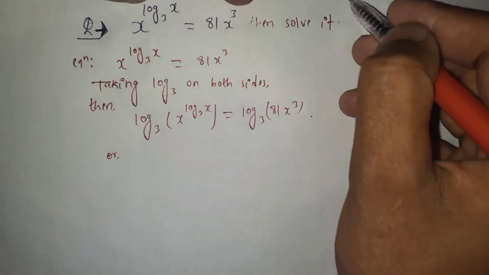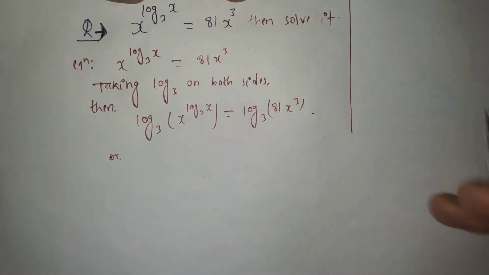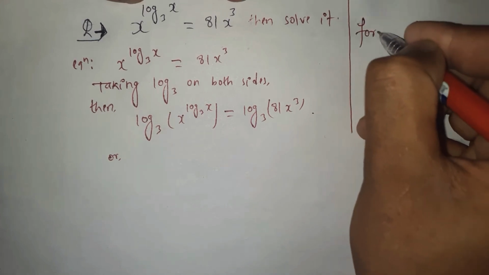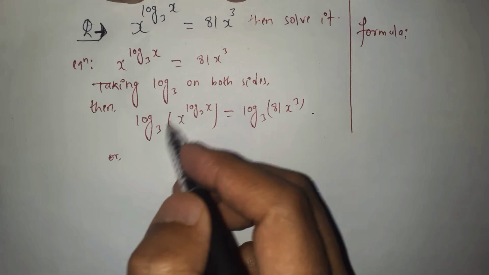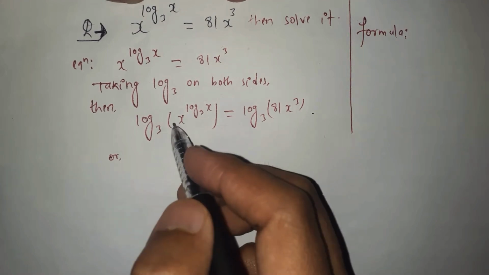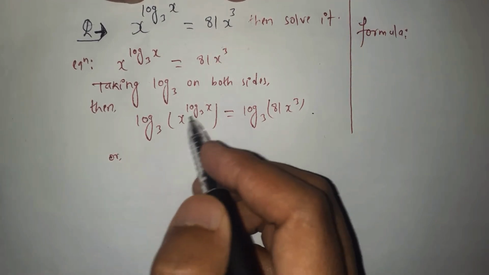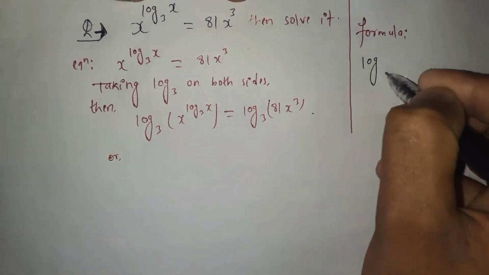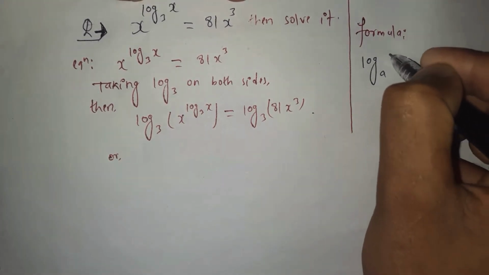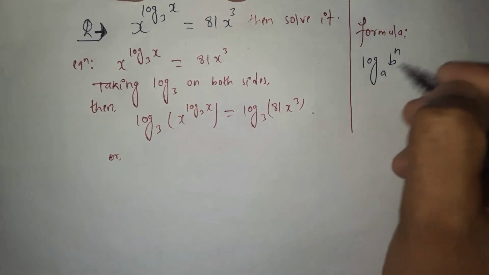We have a formula. Let me write a formula here. This is the power of the argument formula. The log with base a of the number b, which is raised to the power n.